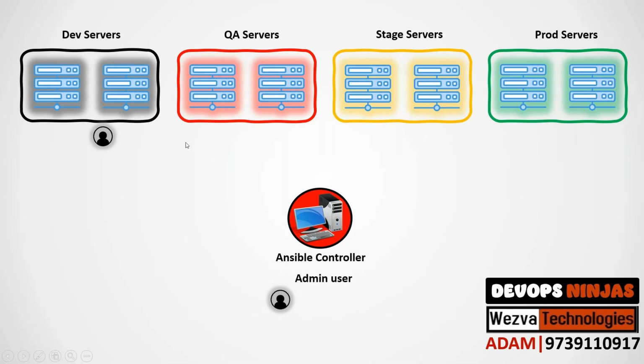As soon as you go to a machine, you will be logging in as a user called Ubuntu or root. Similar to that, ensure for each of the servers in the respective environment, you have a different user account. For example, I can say for WezvaTech, I can have a WezvaTech dev user, QA user, production user.